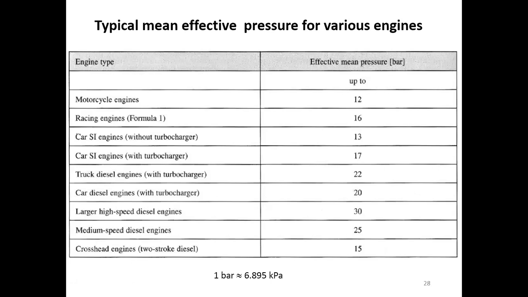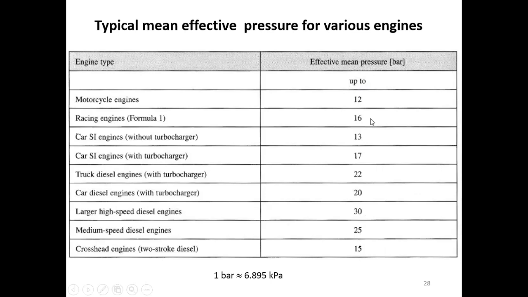This table shows you the typical mean effective pressure for various engines. Then you can use these numbers to do your engine design. This is the maximum one. For a motorcycle, you can use the mean effective pressure up to 12.